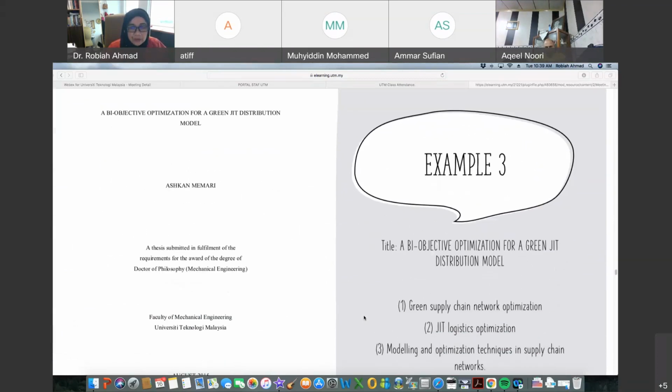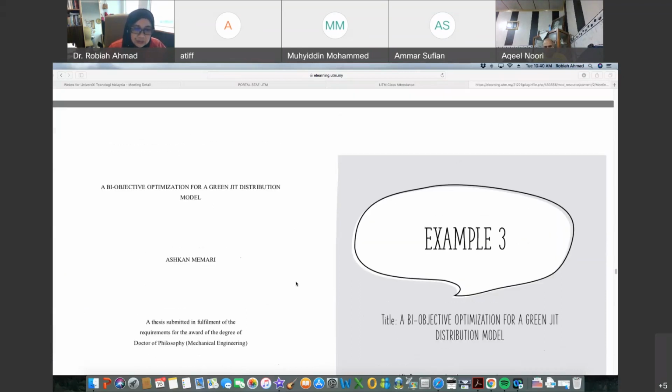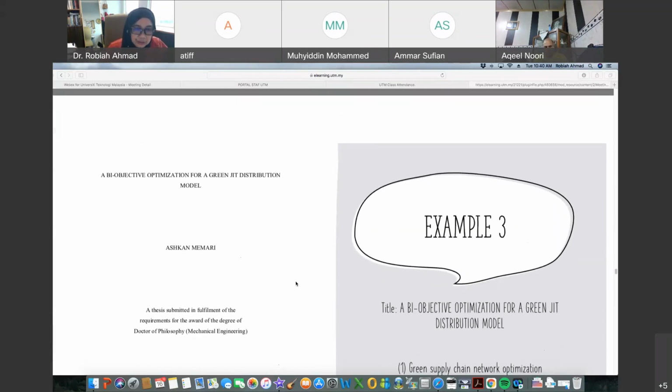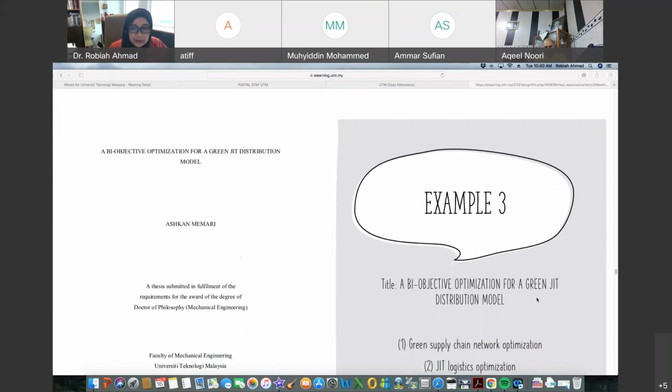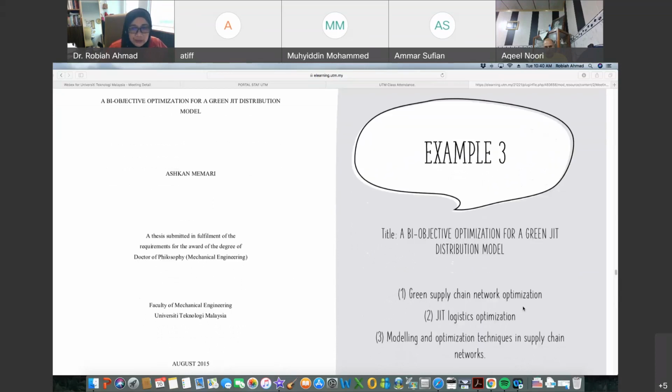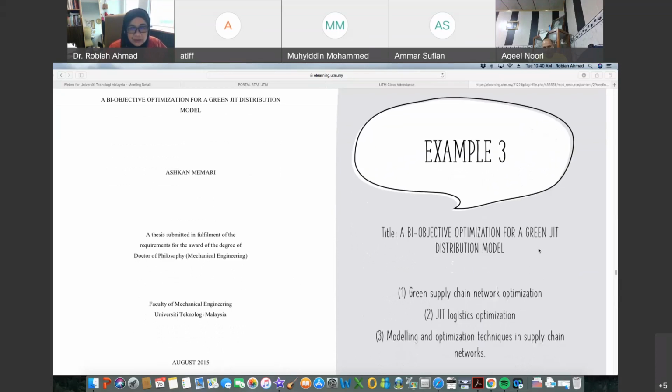Another example: this title is a bi-objective optimization for a green GIT distribution model. This is actually on green supply chain. This student of mine is also doing supply chain, and he added the word green here, meaning we take into consideration how much carbon dioxide is exposed in the supply chain and so forth.